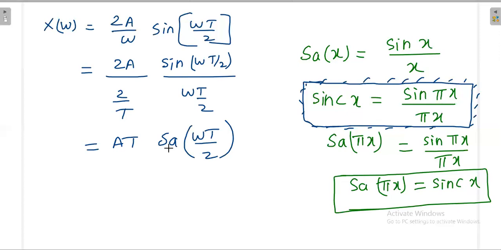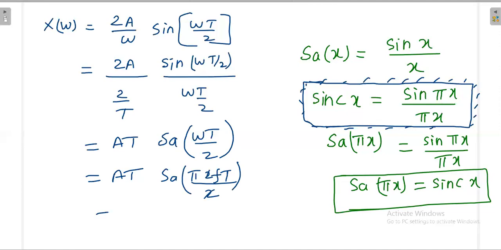Once I have the Sa format, how to go to the sinc format is very simple. In Sa, I can write omega as 2 pi f, so that means pi 2fT divided by 2, the 2 cancels.